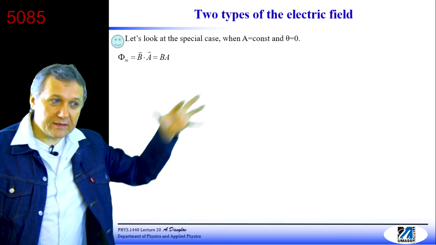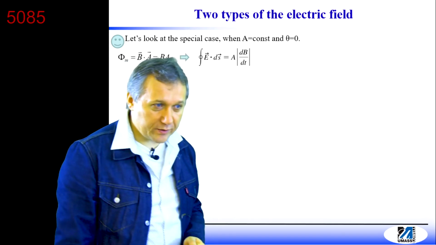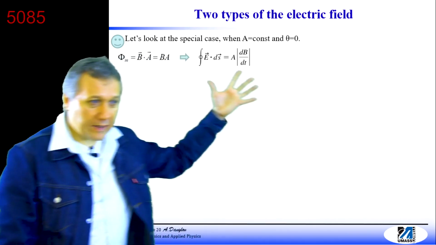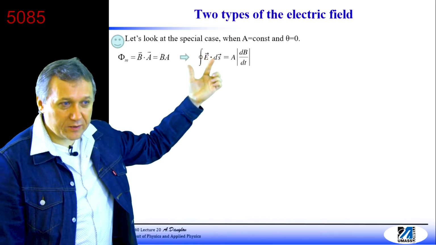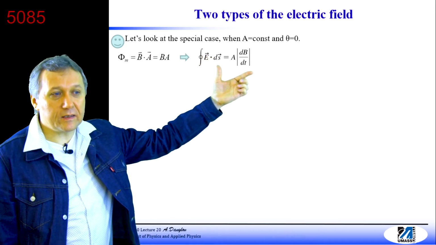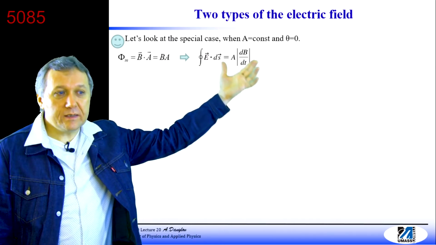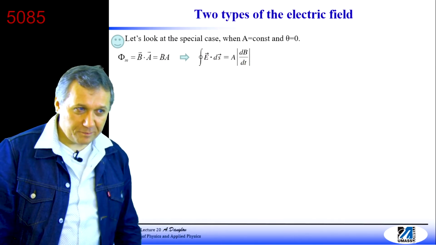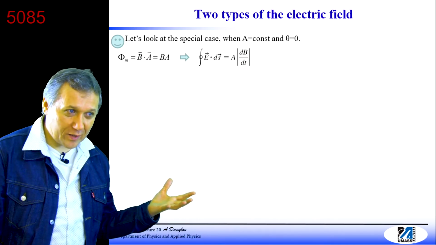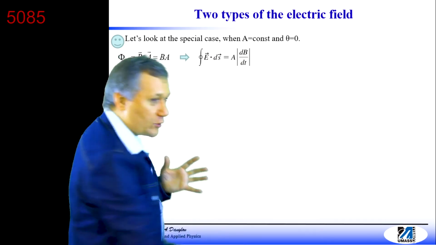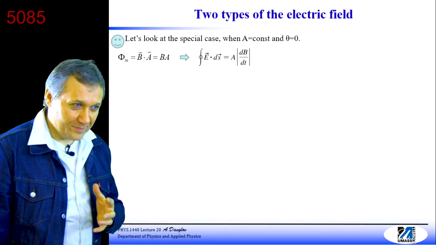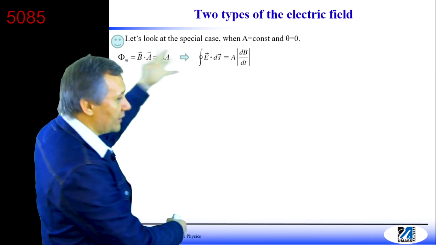And as a result, let's rewrite Faraday's law for this special situation. Again, the left hand side will be exactly the same, the integral of E dot ds, and instead of d phi over dt, now we'll have A times dB over dt. And you remember I told you just now, on the right hand side we have sources of the fields shown on the left hand side.